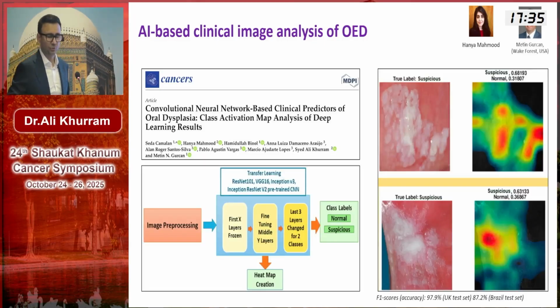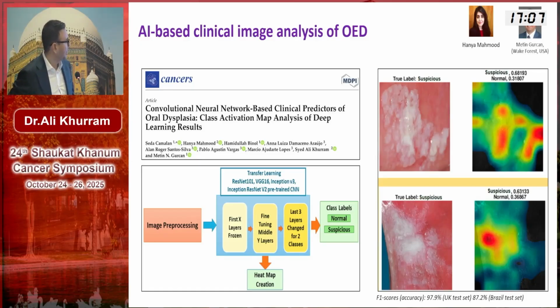So what we did was we started looking at clinical images, because at least in the UK, photographs are taken as a standard for white patches. So we started collecting these images of dysplastic and non-dysplastic lesions from the UK and colleagues in Brazil. And then we trained AI models to automatically identify whether something was suspicious, i.e. dysplasia, or non-suspicious or benign.